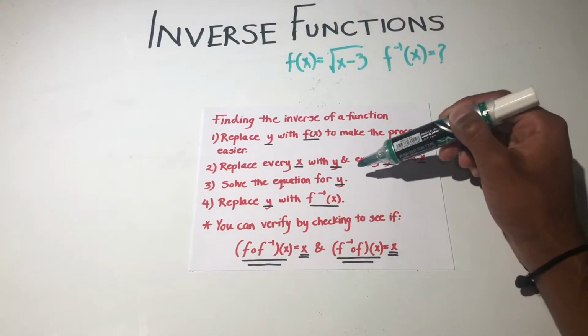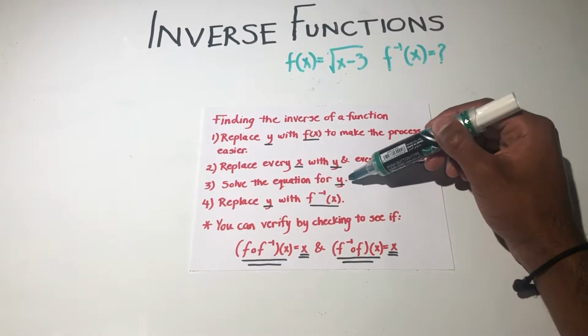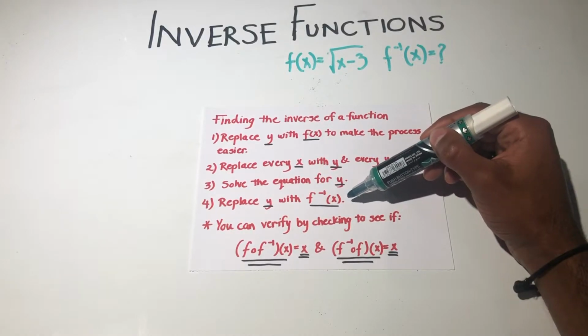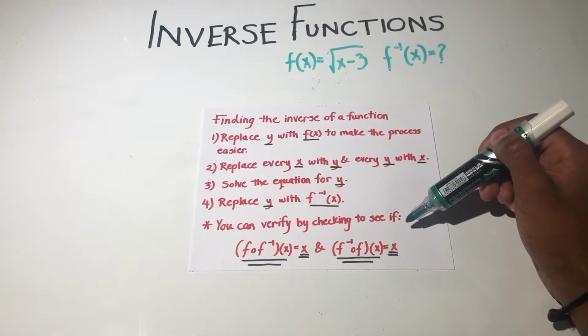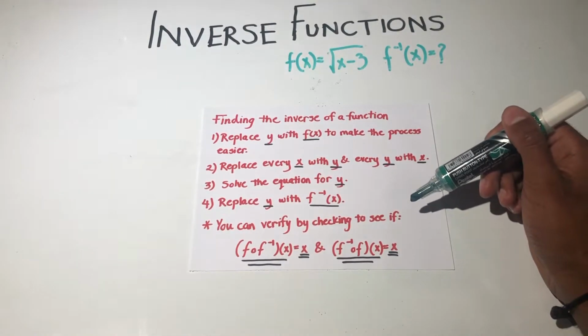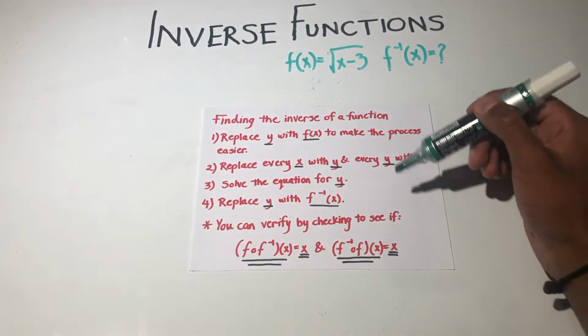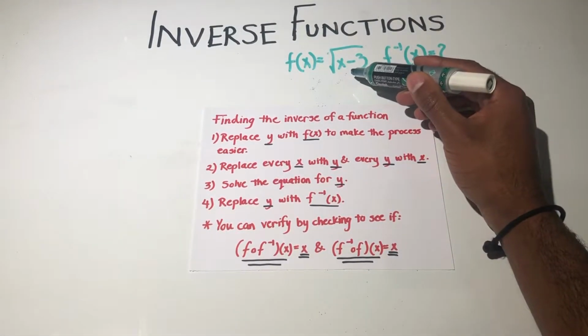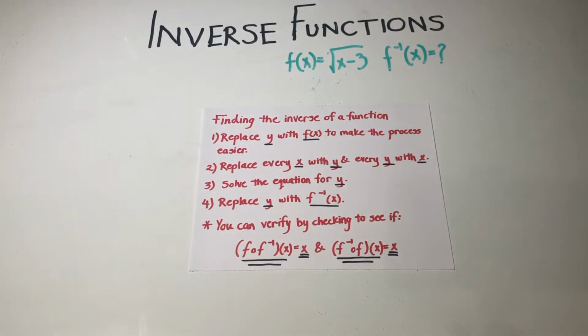And then you're going to solve for y. And when you do, you replace y with f inverse of x. And then it's good to verify that you found the inverse by taking the inverse that you found and plugging it into the original equation. And if you get x, you'll know that you've found the inverse.